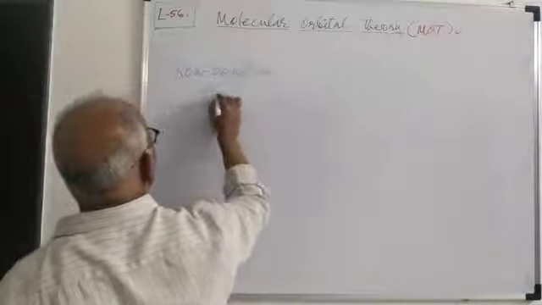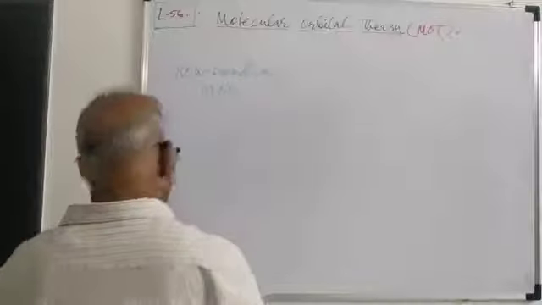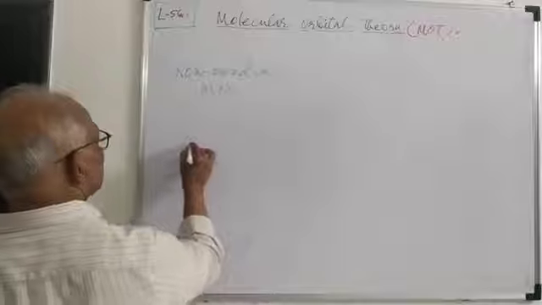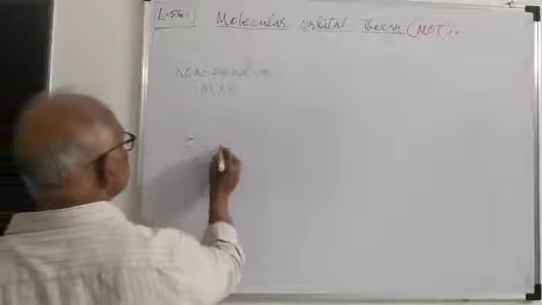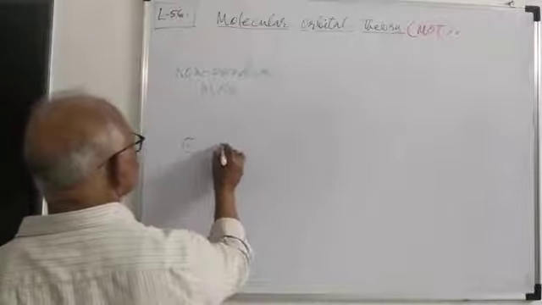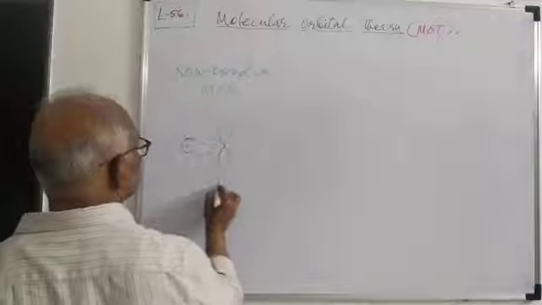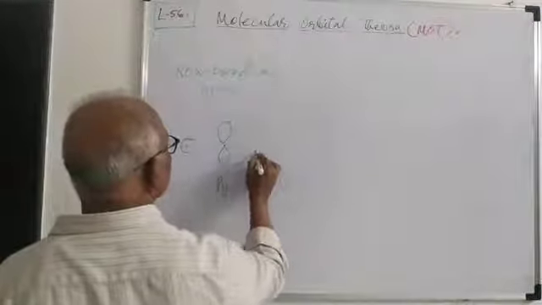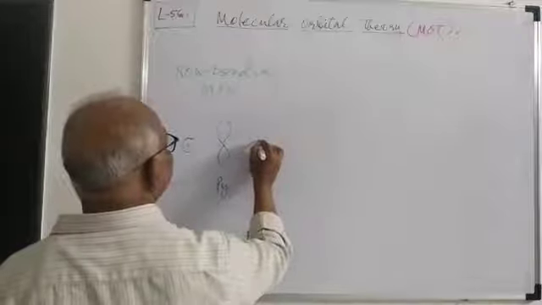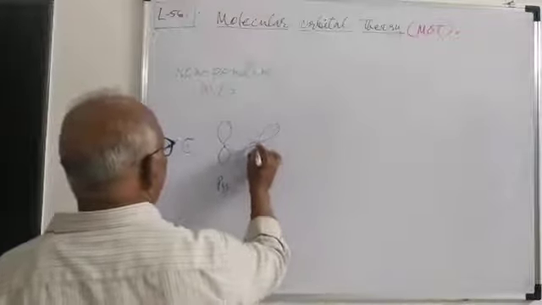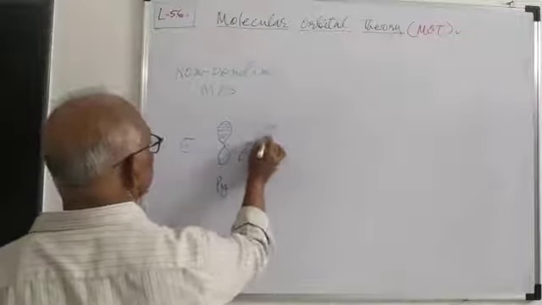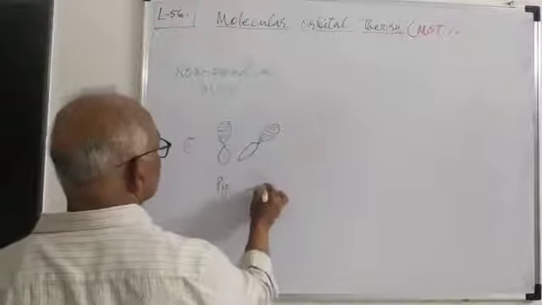Non-bonding molecular orbitals. We have seen earlier that the s orbital is spherical in shape, whereas the p orbitals are like py, or we can have orbitals like px. So this is px.